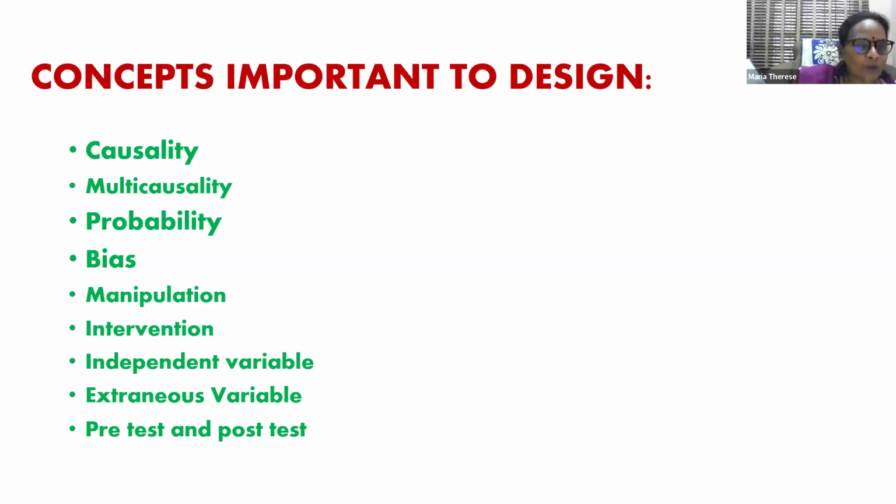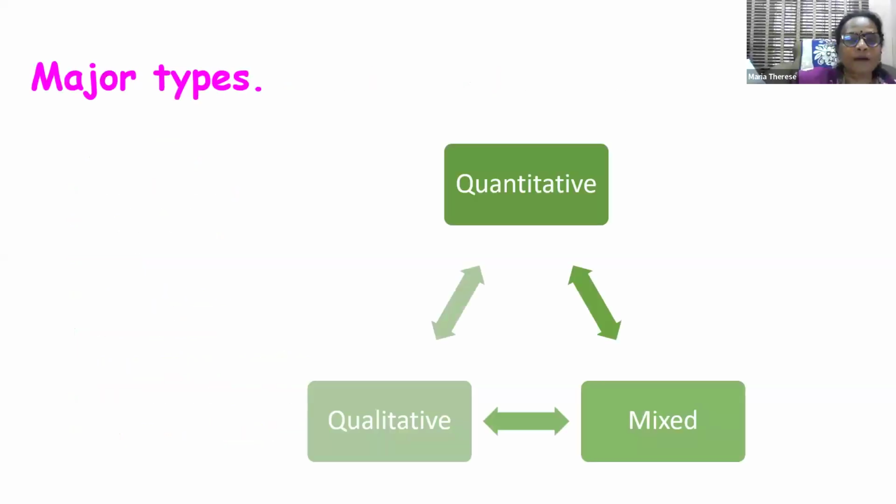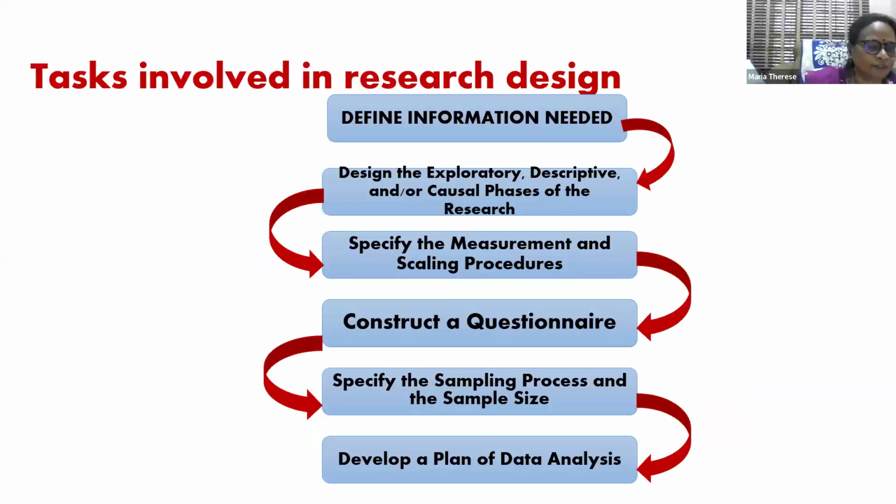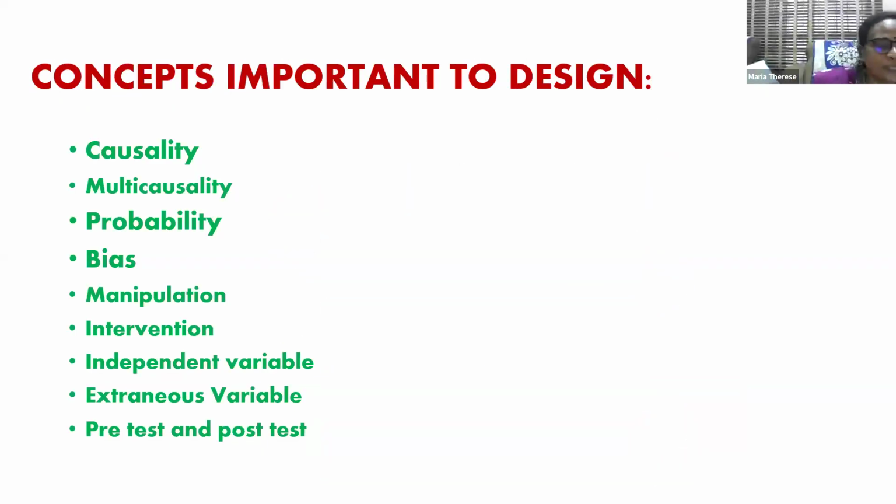And the second one, multi-causality. What does it mean? This is when multiple factors together contribute to a single outcome. There may be multiple factors, but the outcome is a single one.